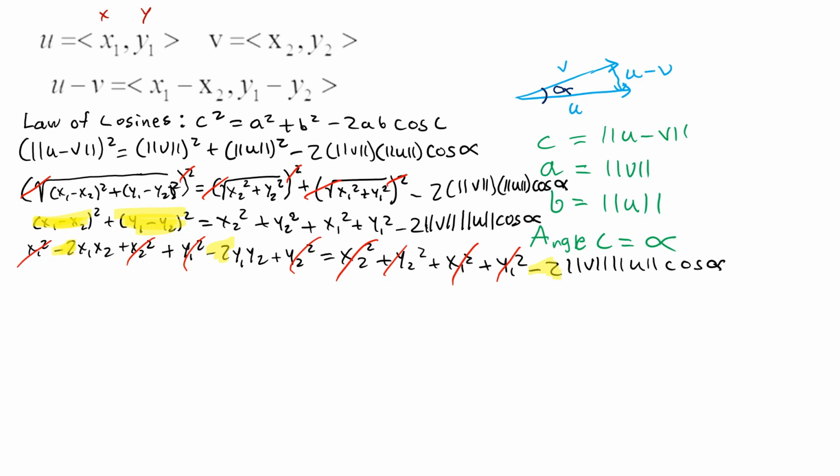So now we'll get x1 x2 plus y1 y2 equals the magnitude of u, magnitude of v, it's the same as magnitude of v, magnitude of u, cosine of alpha.